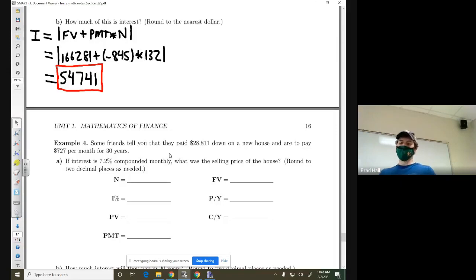So, example 4 starts to introduce the idea of a down payment. Now, you might be wondering, what is a down payment? Down payment, put very simply, is a lump sum that you pay. It's basically a chunk of the total amount you have to pay. The reason why you do this is because the amount of money in this down payment does not accrue any interest.